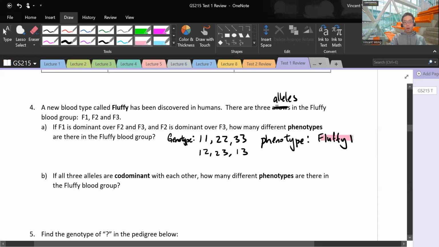Well, F1 F1 is going to be fluffy 1. And the question says F1 is dominant over F2 and F3, which means when you have F1 and F2 together, F1 will show up. So that's also fluffy 1. And when you have F1 and F3 together, F1 will show up. So these are fluffy 1.